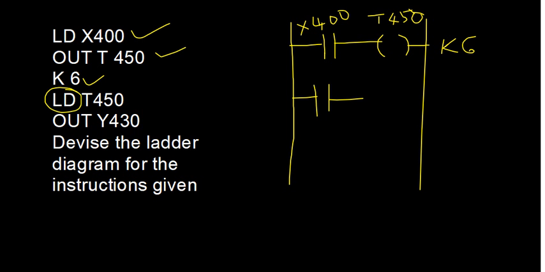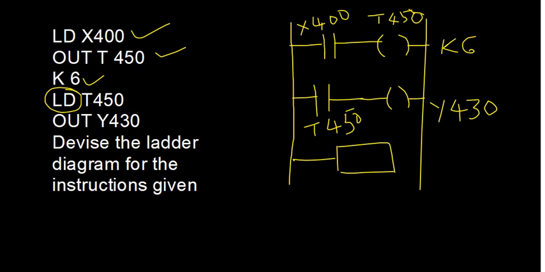So, LD T 450, so T 450 happens to be a switch now, which is actuated by means of your timer contacts T 450. Then this will lead to an output, that is Y 430, and you can have an end rung also here.